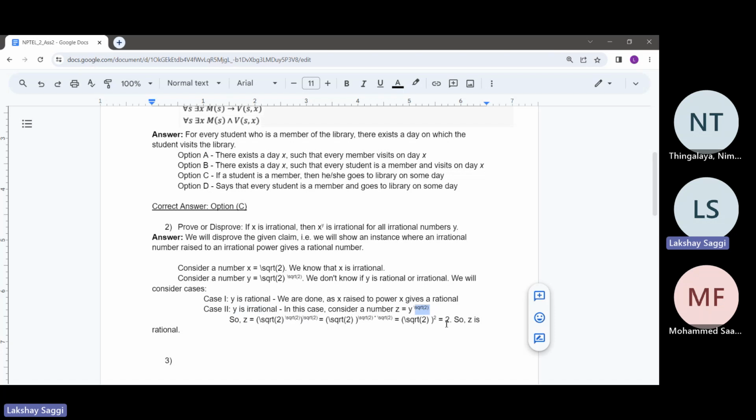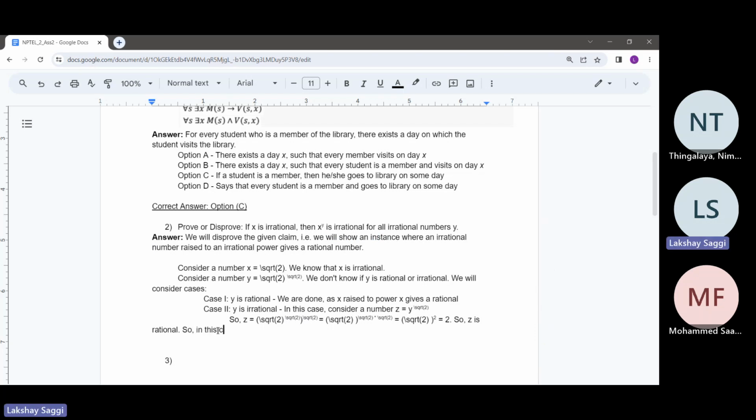But the output was actually 2, which is a rational number. So even if y was irrational, raising this irrational number to another irrational power root 2 gives a rational number as output. And this is what we wanted to show, right? We wanted to show an instance where an irrational number raised to an irrational number gives a rational number as output. So in this case also, we have actually shown that.